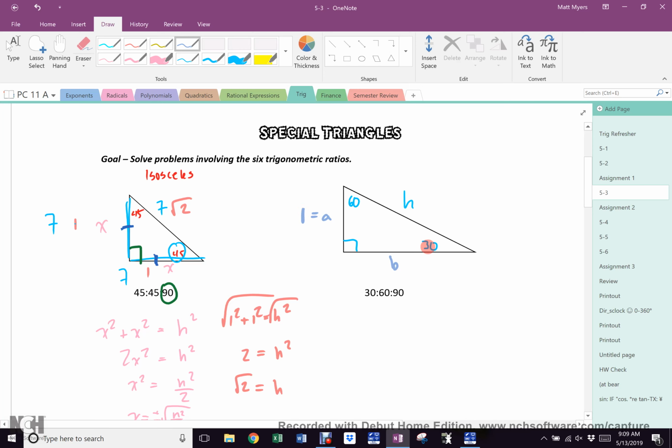Now let's look at our math. Here I have a theta of 30, yes? Everyone agree? Sine theta would equal 1 over h, correct? Everyone understands this? What then does h equal? H equals 1 over sine 30.